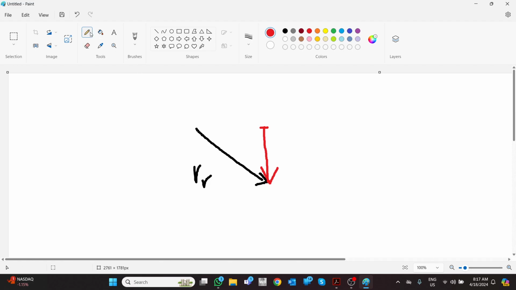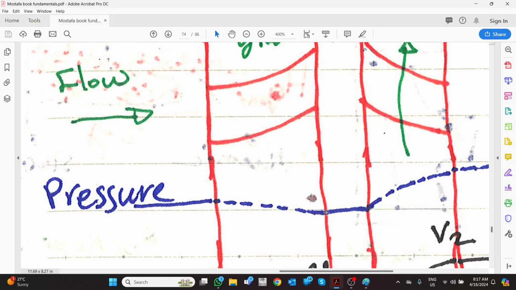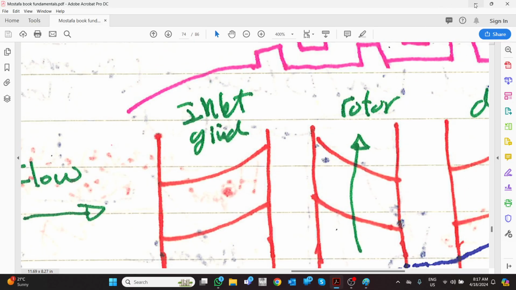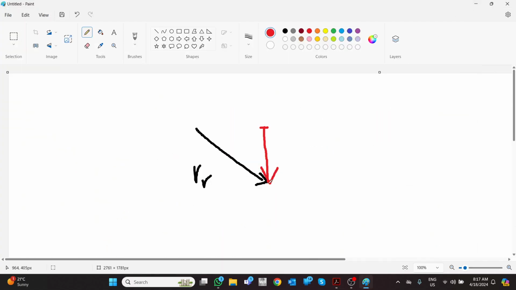Okay, so this one we are in the rotation direction, and the rotation direction is upward. So I know the rotation direction is upward, so I will draw it in blue. And this is U.